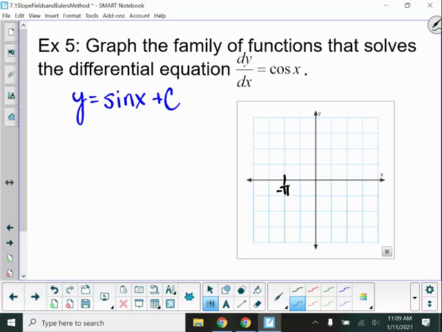So I'm going to label this. This is going to be my negative pi. There's my negative 2 pi, positive pi, positive 2 pi. So the first one I'm going to start off with is c is equal to 0.